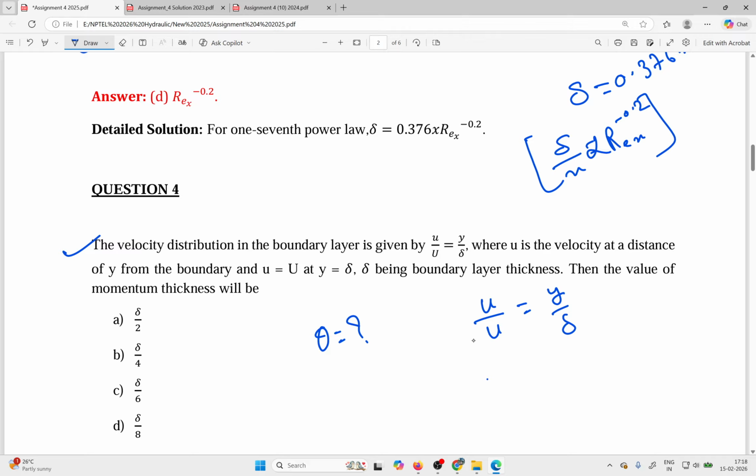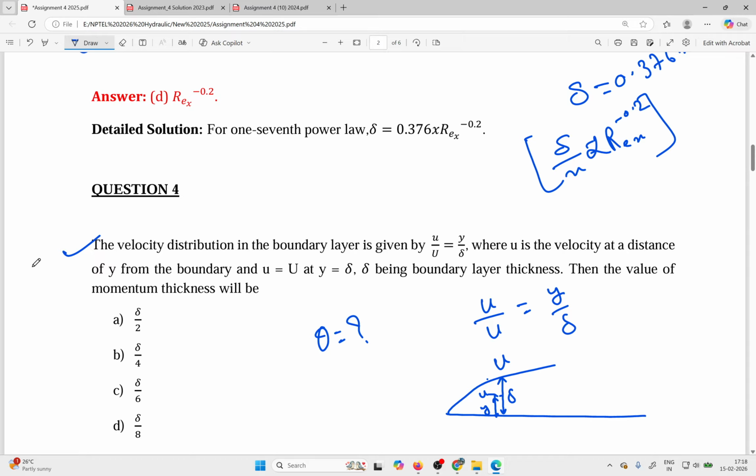You can think of it like this: if this is your thickness delta, here is capital U, and somewhere at y you get small u.